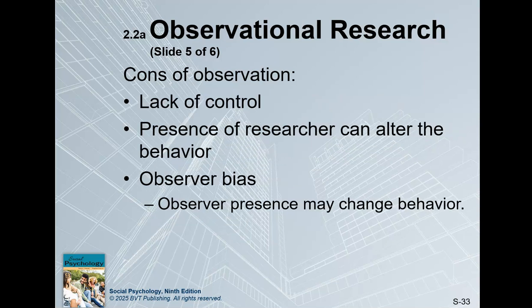Moving forward here, there are pros and cons of observation. And one of the cons is, as we can see down below here, there's a lack of control. We can't control how others behave.